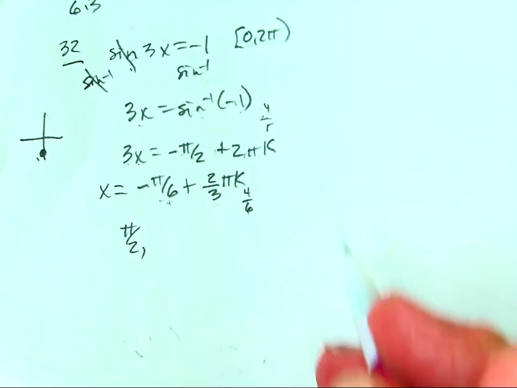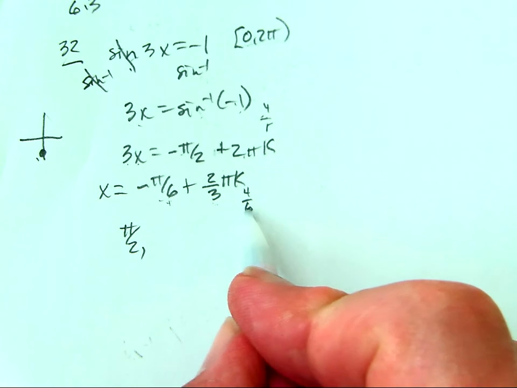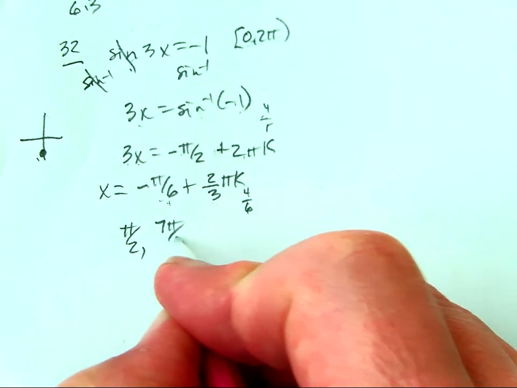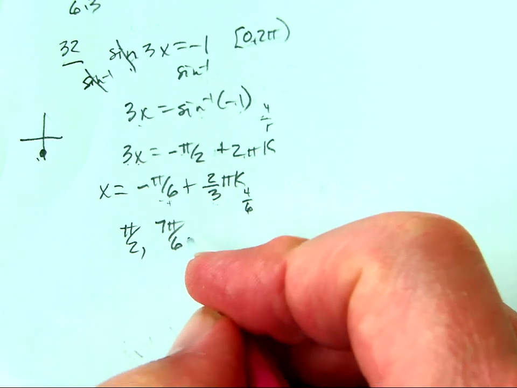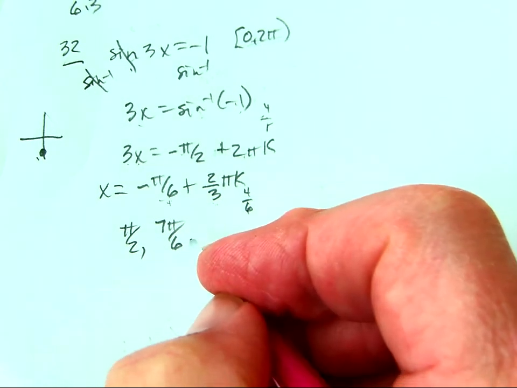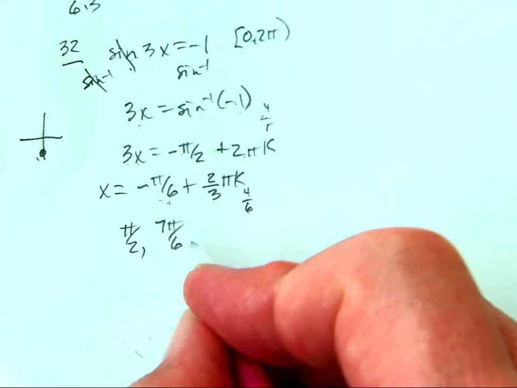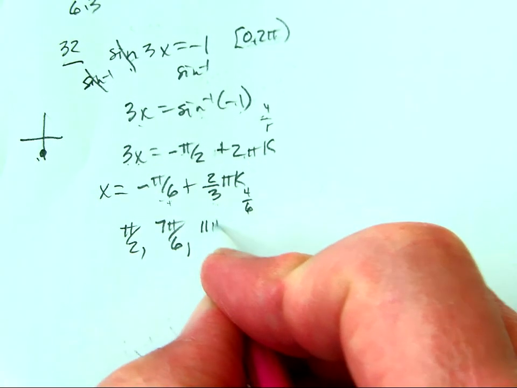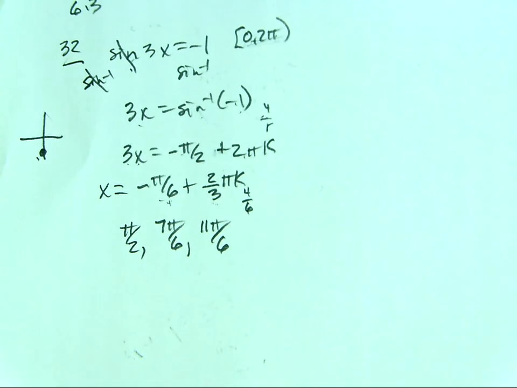If we add 4/6 again, that's 7/6, which fits, so that works. If we add 4/6 again, we get 11/6. 2π is 12/6, so 11/6 just barely fits, and that's our three answers.